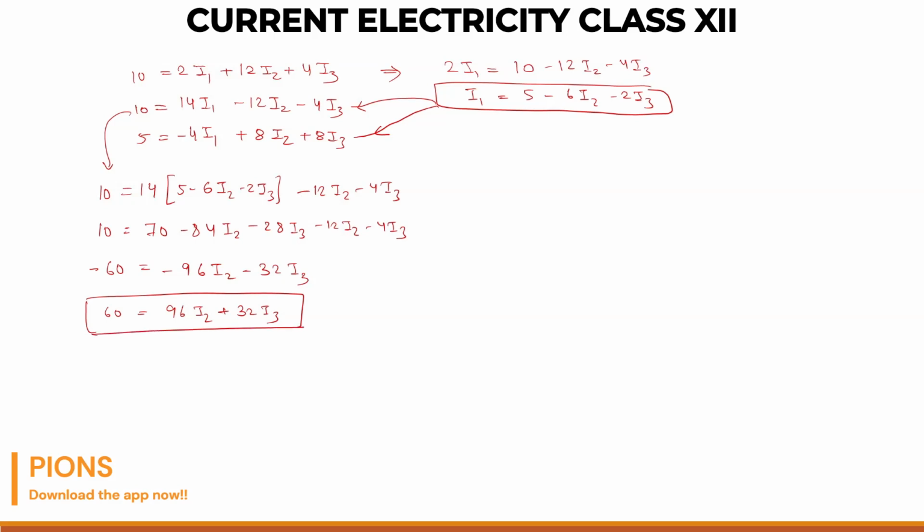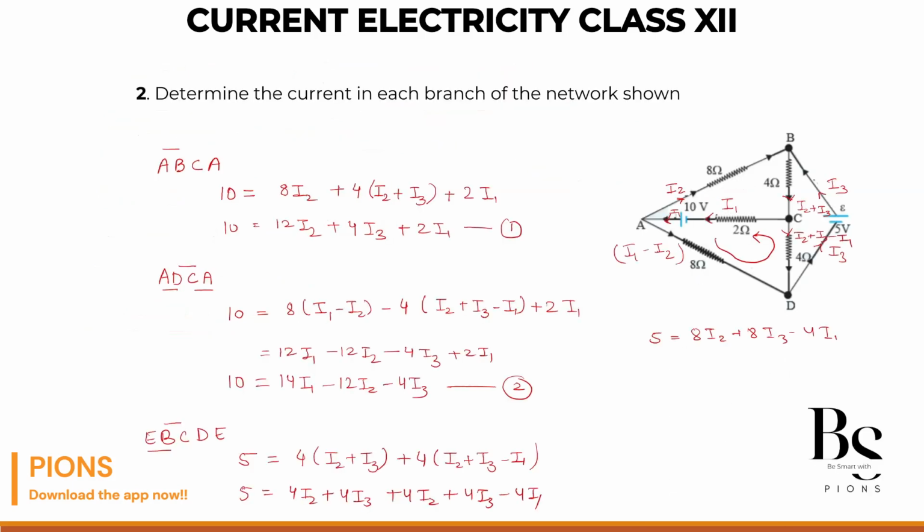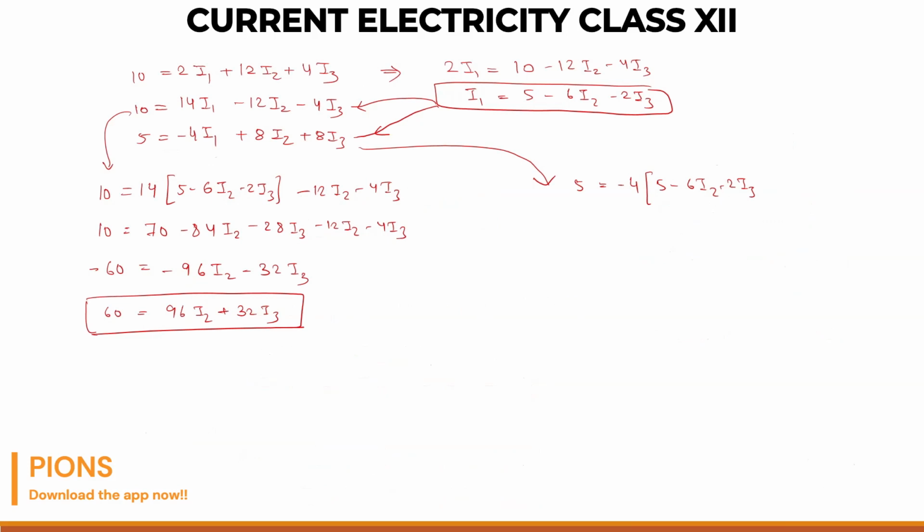Let's simplify and put it in the second equation. So this equation will take the form 5 equals minus 4 into I1. I1 is 5 minus 6 I2 minus 2 I3 and plus 2 I3 and plus 8 I2 plus 8 I3.